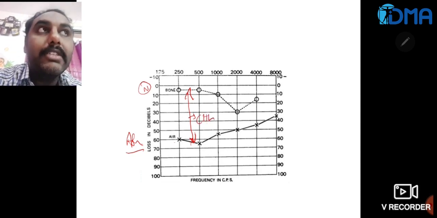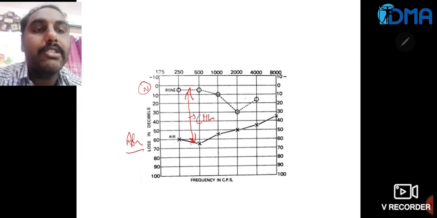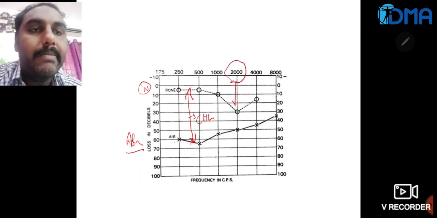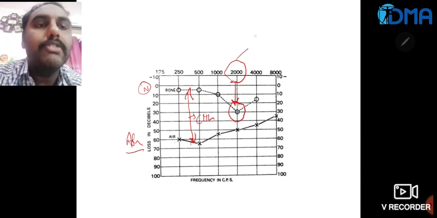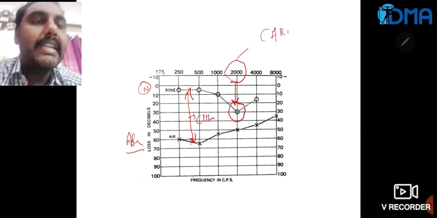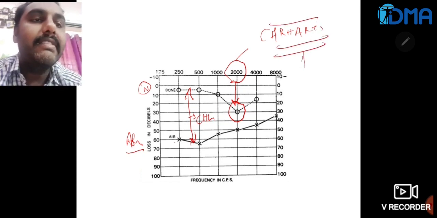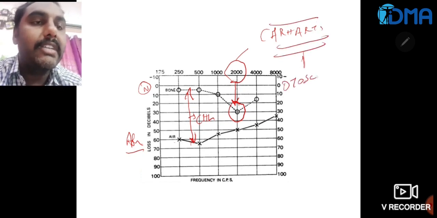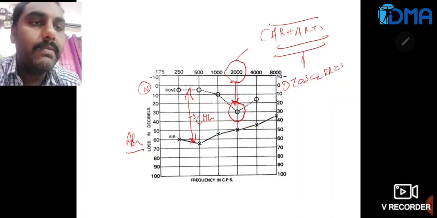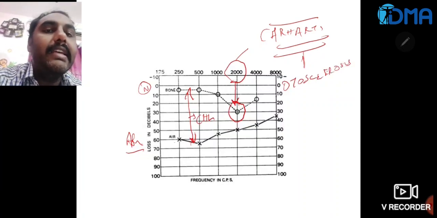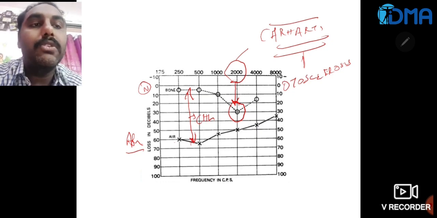But one more thing, I am asking the diagnosis in the exam. So here there is a dip in bone conduction, at which hertz? 2000 hertz. This indicates a Carhart's notch in audiometry. So seen in which condition? Otosclerosis. Right, a very important image based MCQ, otosclerosis.